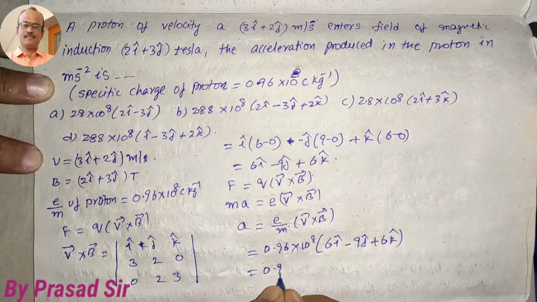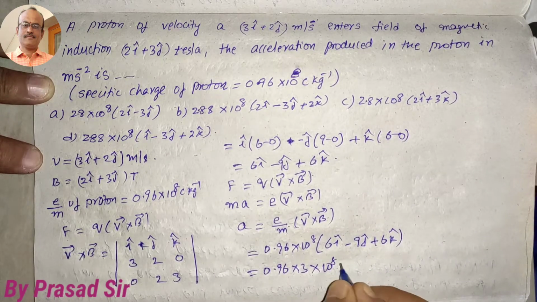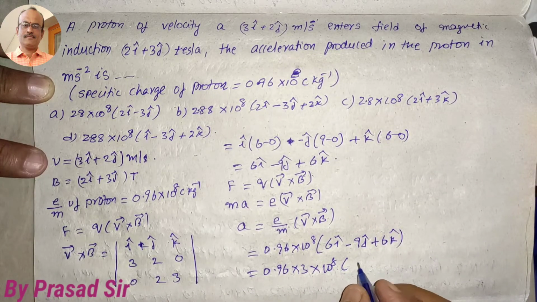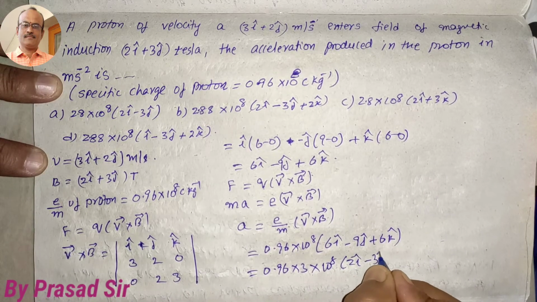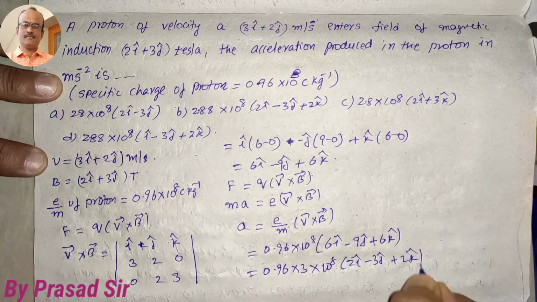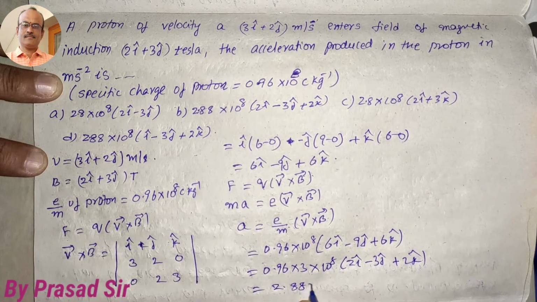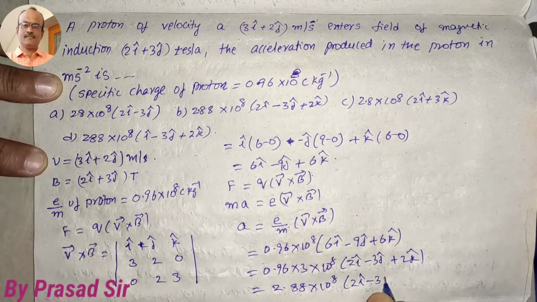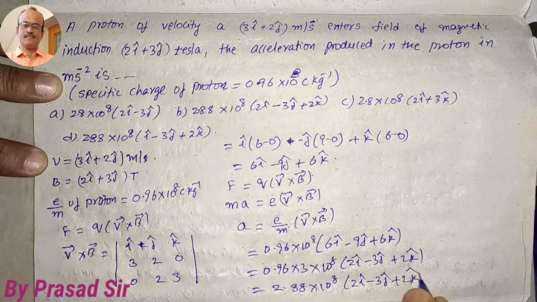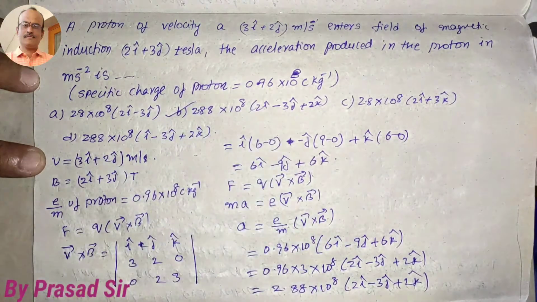So here 0.96 into 3, common 3 into 10 to the power of 8, and here the common we are getting 2 i cap minus 3 j cap plus 2 k cap. So on multiplication of this one, we are getting 2.88 into 10 to the power of 8 times 2 i cap minus 3 j cap plus 2 k cap. So which option is correct here? Option B is correct.